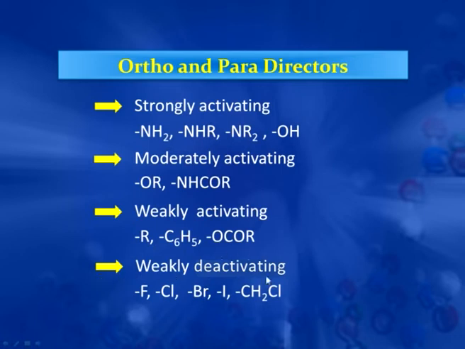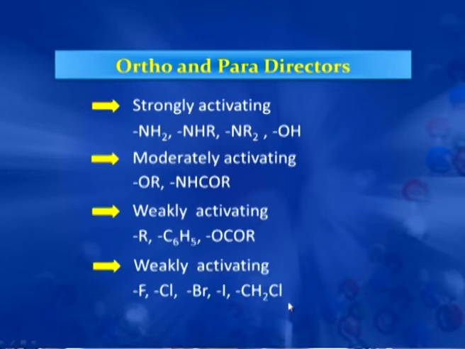Then we have weakly deactivating groups, which include the halogens and the CH2Cl group. But all these groups, even though they are deactivating, are ortho and para directors due to their electron donating mesomeric effect.